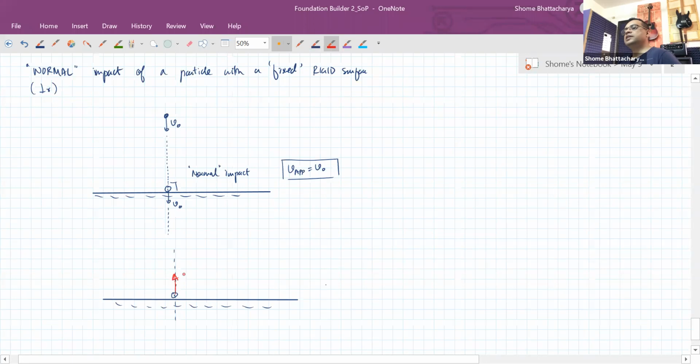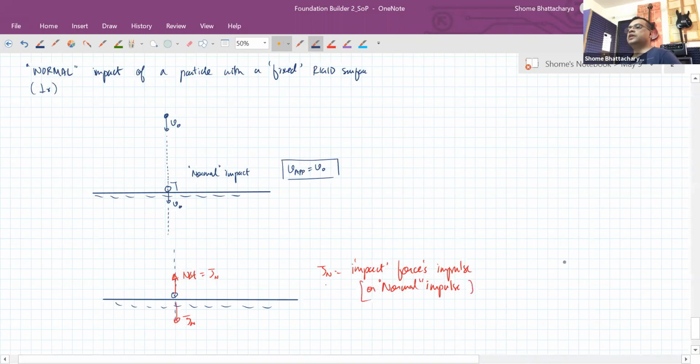The normal impulse it experiences, let's say n delta t, or the collision impulse, the impact force impulse, which is in the direction which is normal. So it is called the normal impulse. Okay.